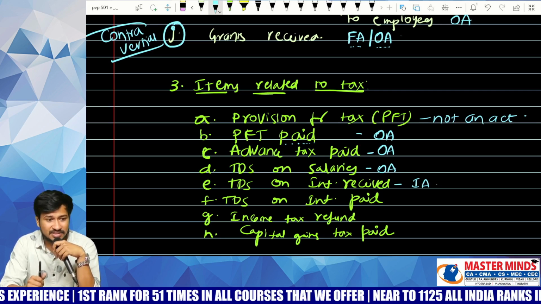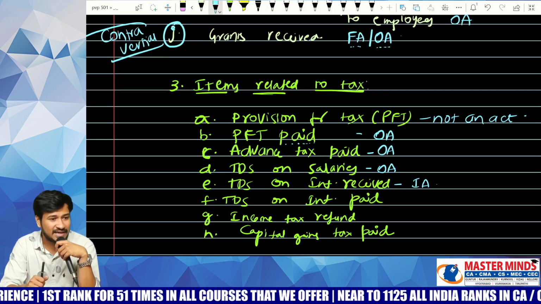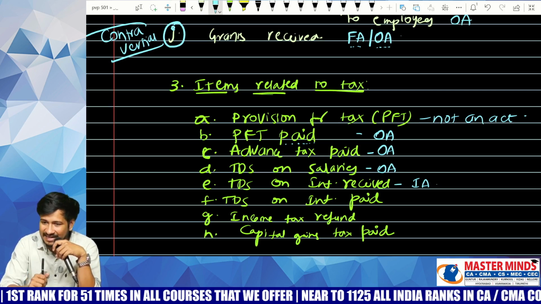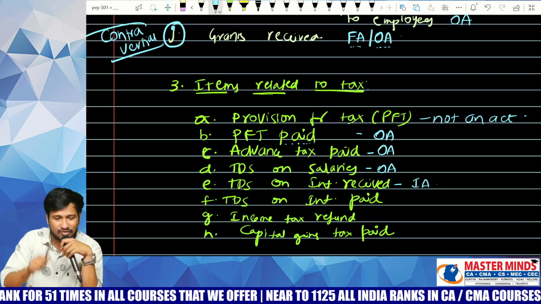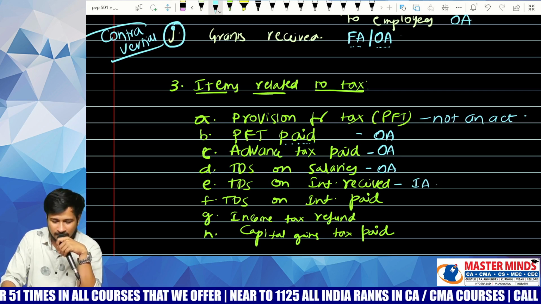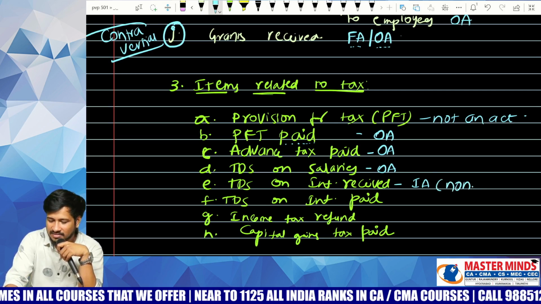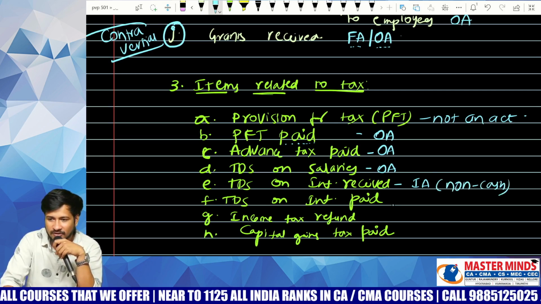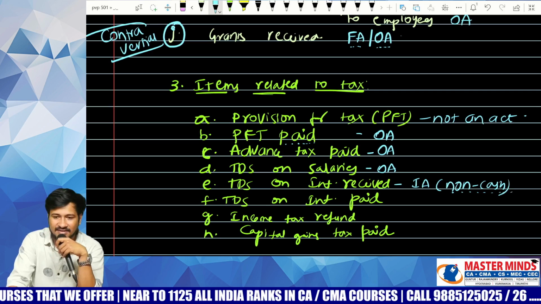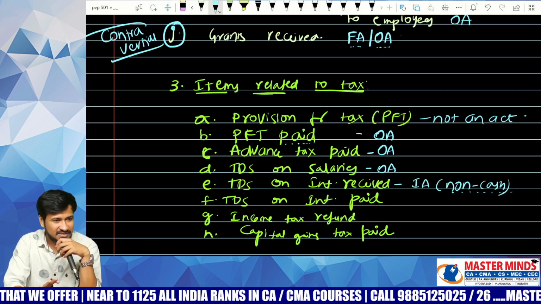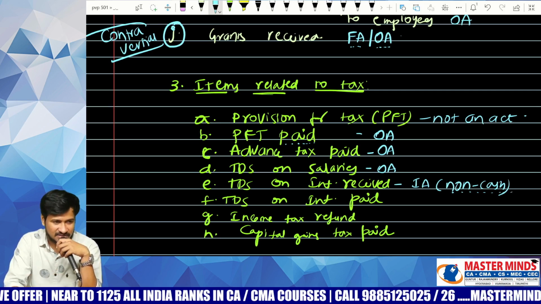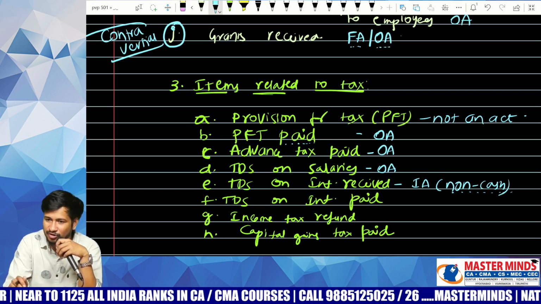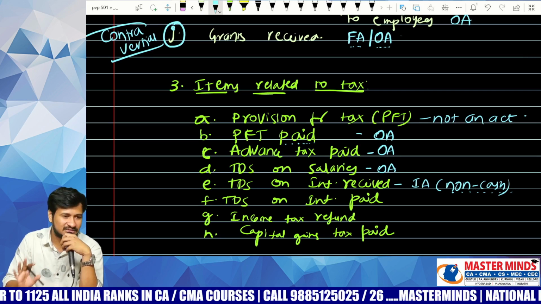Already I told you yesterday, even though strictly it is not an activity, as per AS 3 it is classified as investing activity only. You have to write the answer like that itself. But it is non-cash. Am I correct or wrong? This is written for our clarity. As per AS 3, it is investing. But within brackets, we are writing non-cash to have better clarity for us.